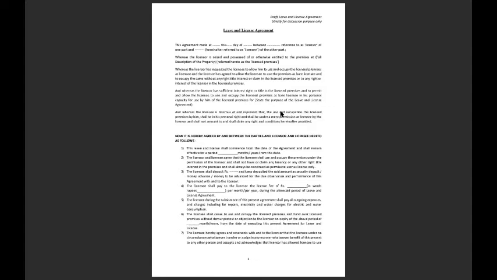It will have various clauses such as what the license fee is, what the escalation fee is, what the lock-in period is. Then it also mentions what happens if any of the parties breaches the lock-in period. Can we move ahead?